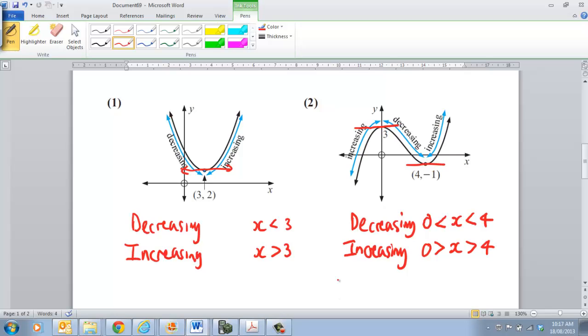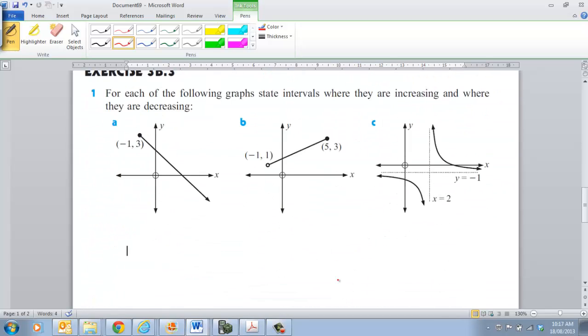Alright, you got the idea? Let's have a quick look at some of these. For this particular function, remembering our terminology where it's a closed dot, we have to make it equal to. So for this one, is our function increasing or decreasing? Well, it's going downhill, so this one is decreasing when x is greater than or equal to -1, and that's the only thing it's doing.